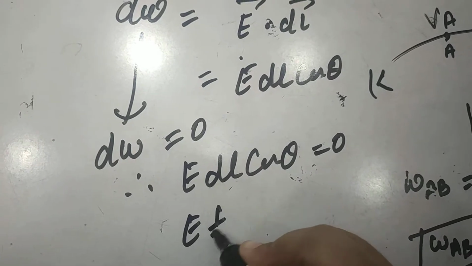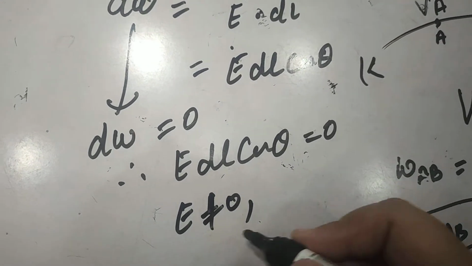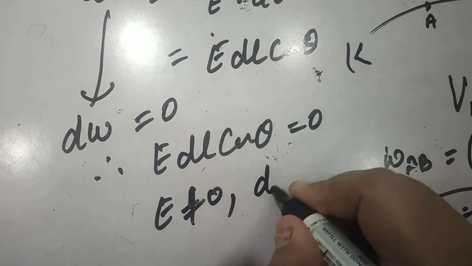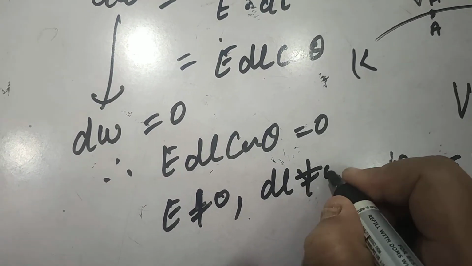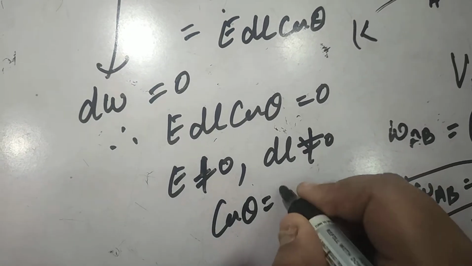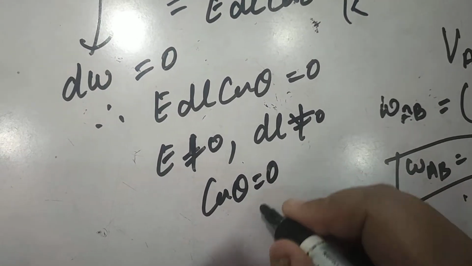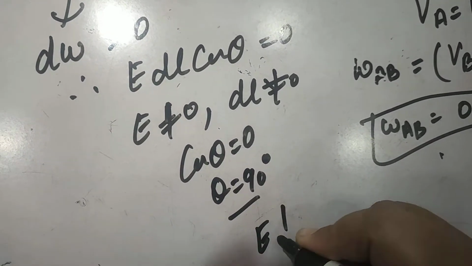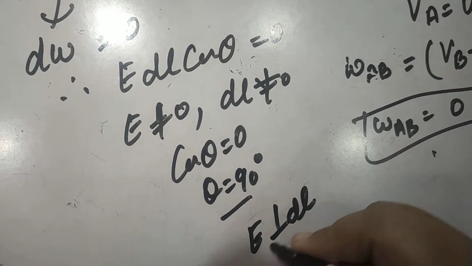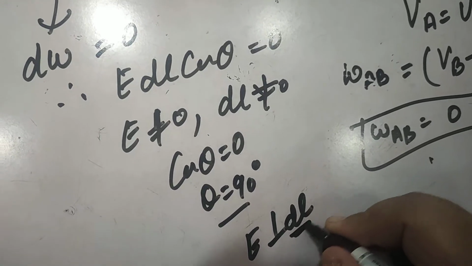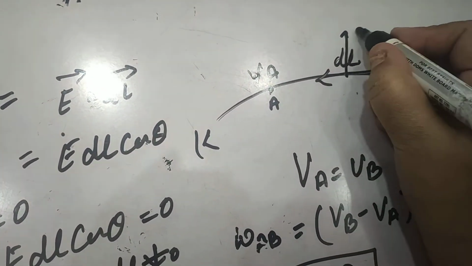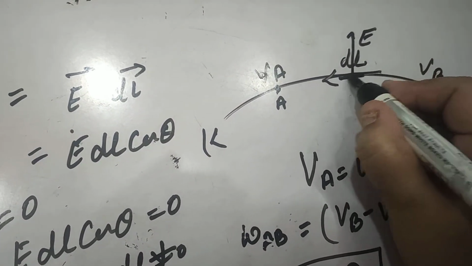Since E cannot be equal to 0, because the field lines represent the presence of the charge, and dl cannot be equal to 0, cos theta is equal to 0. We know that cos theta is 0 when theta is equal to 90 degrees. It means E is perpendicular to dl, that is, E is perpendicular to the surface. So this is the direction of E and this is dl.